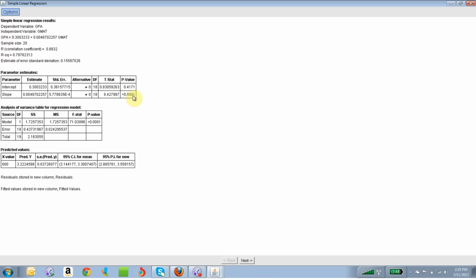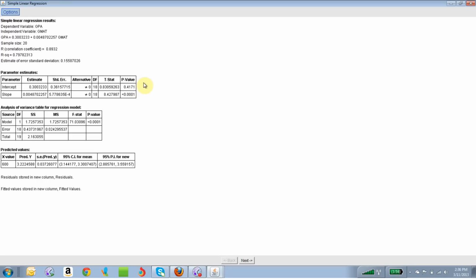If I'm looking at your book for part F, it says if alpha is 0.05, obviously alpha is more than this. If I set up the hypothesis that under H0 the slope is equal to 0, it means there is no relationship. Under the alternative, the slope is different than 0, then clearly I could reject H0.